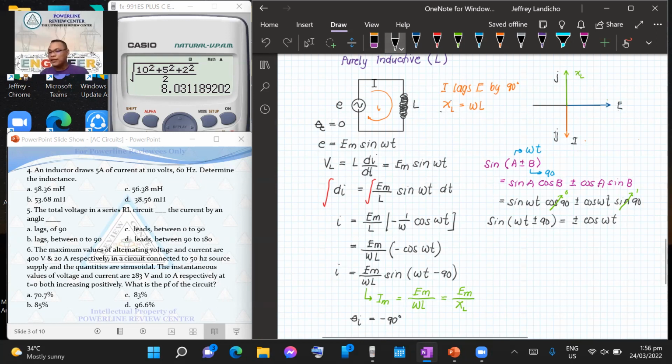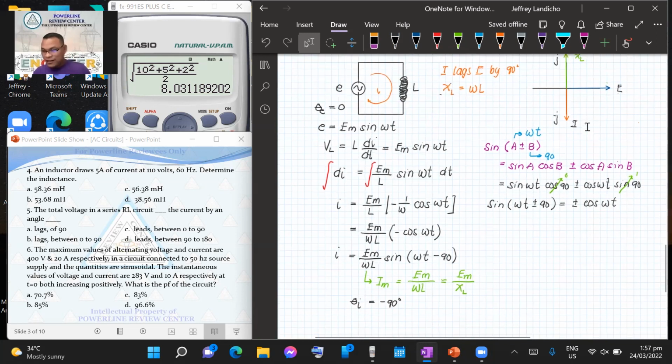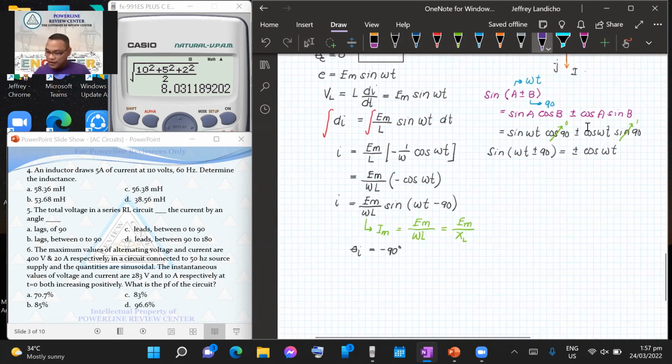What is important here is that at purely inductive, the current lags the voltage by 90 degrees. And the opposition offered by your inductance to the flow of current is known as reactance, which is omega L, and it is at positive 90. Now, I will no longer derive the capacitive case, since it has the same idea.